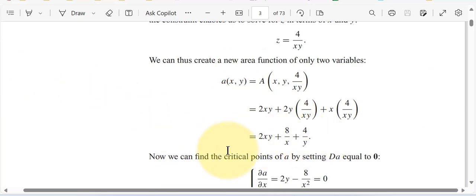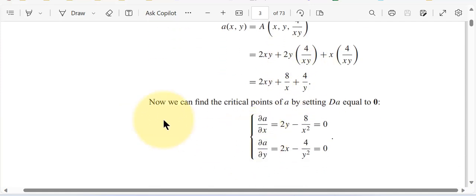Now, we didn't cover the technique for finding the minimum of this function, but they say that they can do it. What they're doing is taking the partial of the area function with respect to x and the partial of the area function with respect to y, and setting them both equal to 0. That's kind of like what we do in one variable calculus.